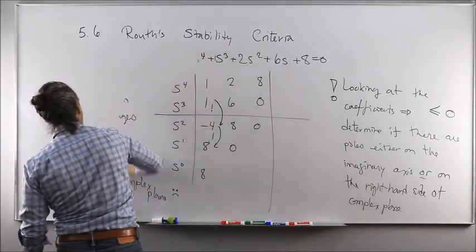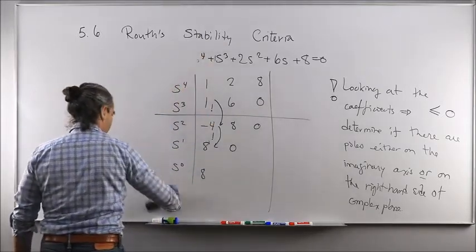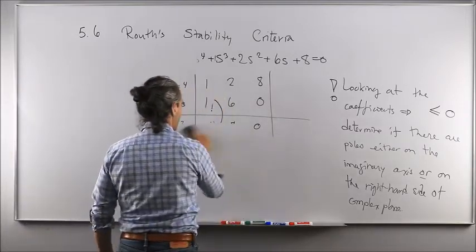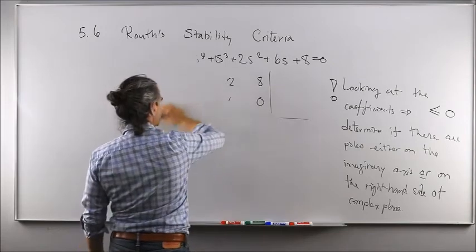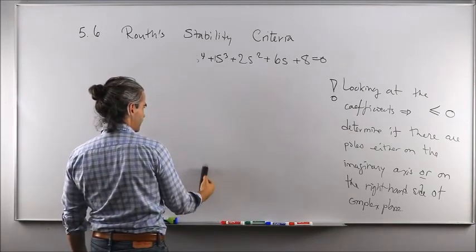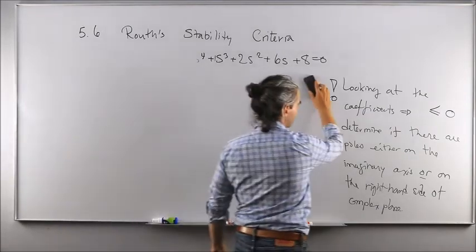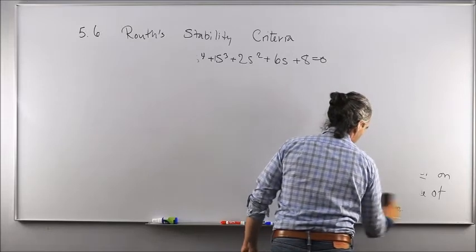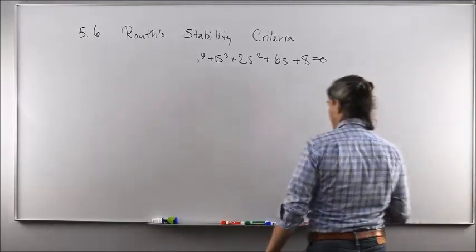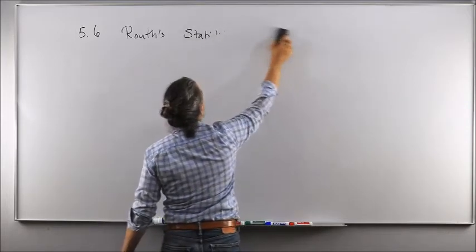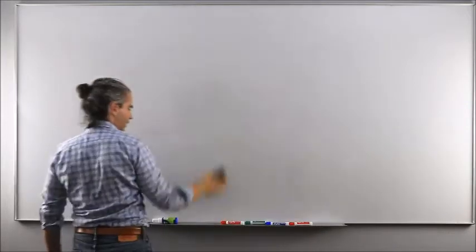There are some problems that can happen when you start building a Routh array. One of them is when you end up with a 0 in your calculated coefficients in the first column. The problem is that what you calculate in the first column becomes the anchor for the subsequent rows' calculation.